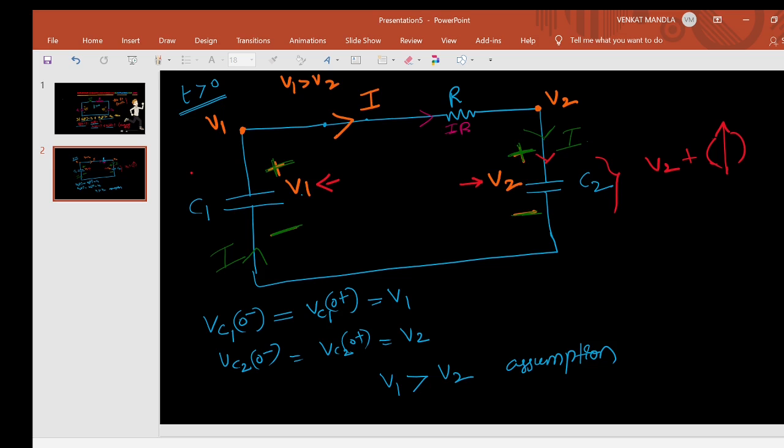Let us say at some time t, this is VC1(t). Otherwise I will draw it on the next slide.